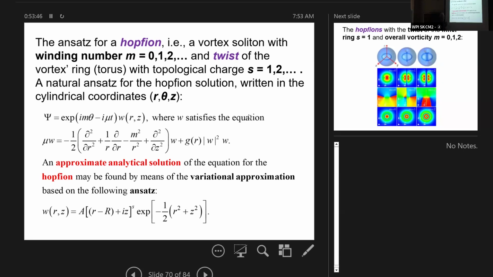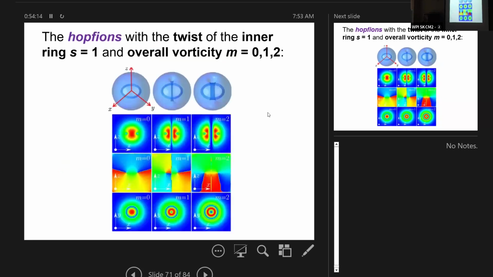This torus is additionally twisted, and its twist is characterized by its own topological number, which we call S. So we have two topological numbers. Simply, m is the usual overall vorticity, plus S is the intrinsic twist of the inner core, or pre-image, if you want, of this object.